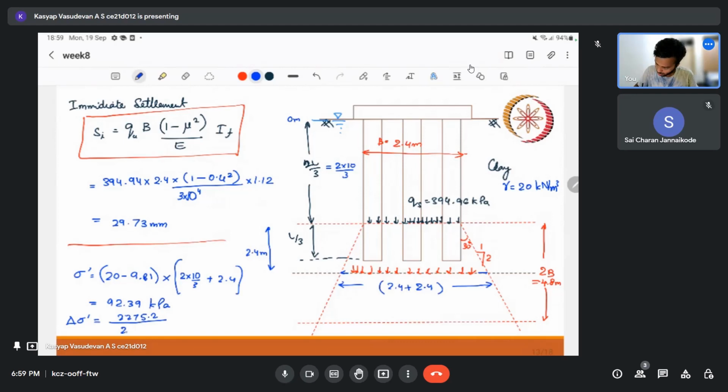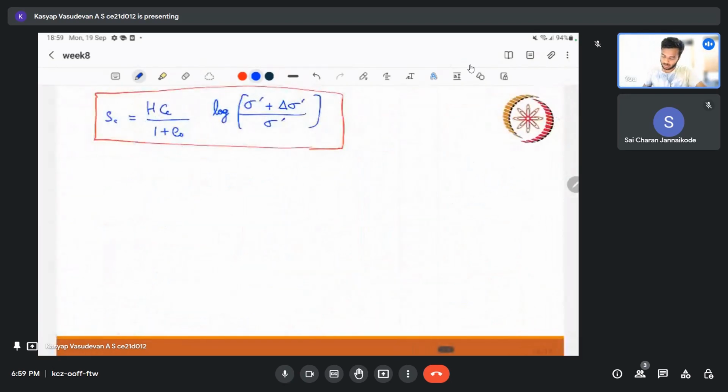So 2.4 plus 2.4 square. I hope you all know why it is 2.4 plus 2.4, because the depth is 2.4, and on both sides it will be half, 2.4 by 2 and 2.4 by 2, and that's how it is. That's why it is 2.4, and adding the height, since it is 2 is to 1. So this value is 98.75.